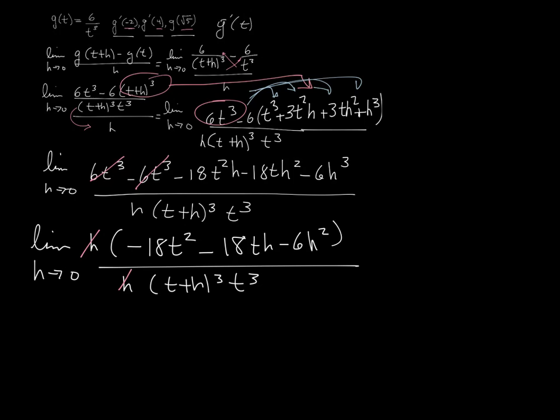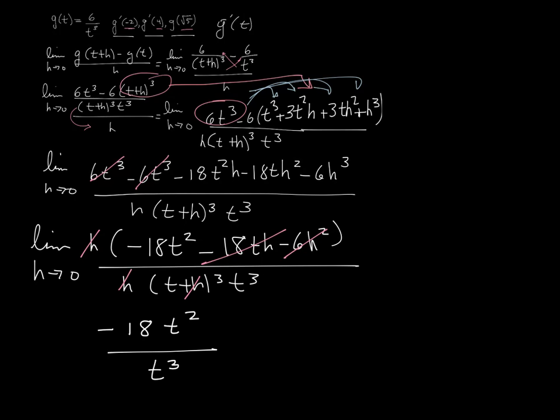So let's see what I've got left. I've got -18t squared. If h goes to 0, those two pieces go away. On the bottom, h goes away, so that just becomes t cubed times t cubed, t cubed squared, however you want to say it.